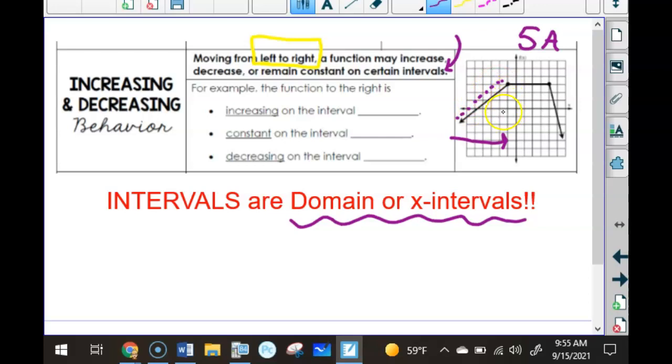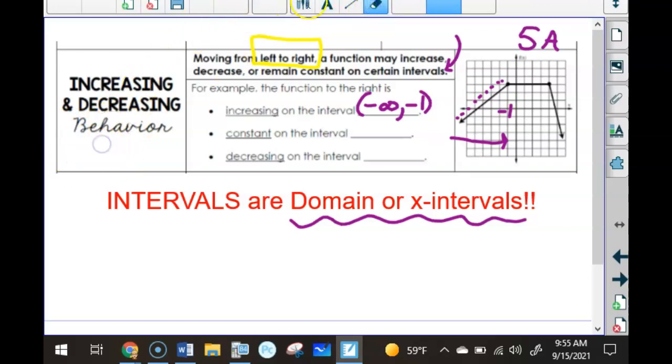Does that seem right? So how do you say coming from the left until -1? Yes. And increasing and decreasing, the intervals are always, what does that say?